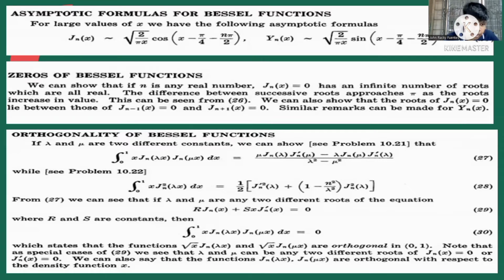We can also say that the functions j sub n lambda x and j sub n mu x are orthogonal with respect to the density function x.